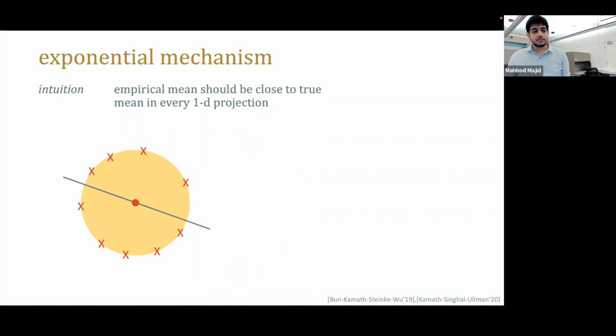Now, based on this intuition, we can decide how good a candidate point is at approximating the true mean.